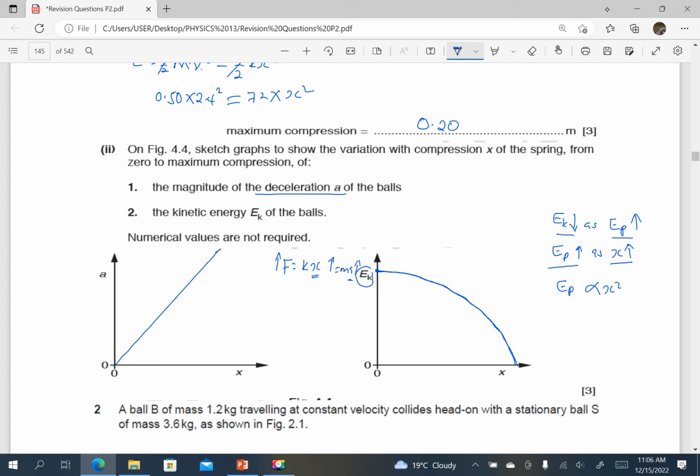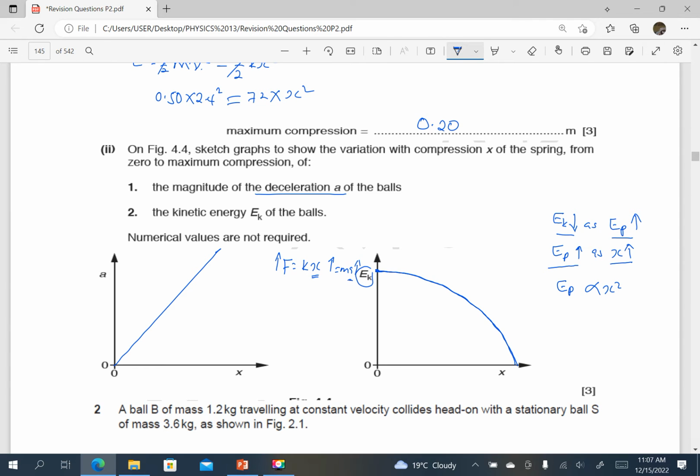But as compression increases, the kinetic energy decreases because the kinetic energy is lost as it is being converted into elastic potential energy. But remember, elastic potential energy is equal to half kx squared. So it means the kinetic energy is going to decrease more rapidly as x increases.